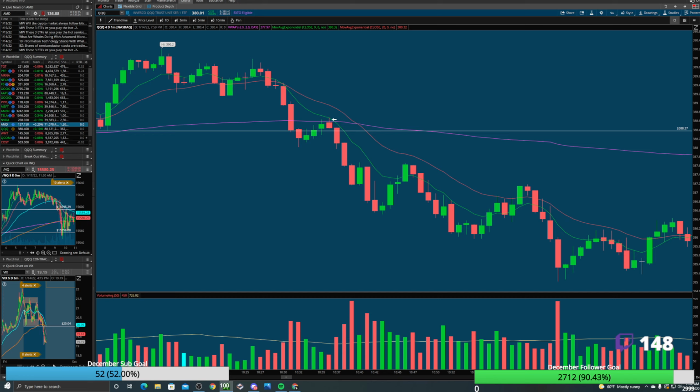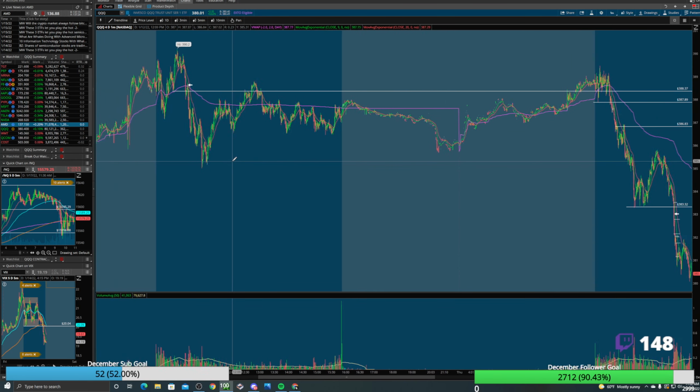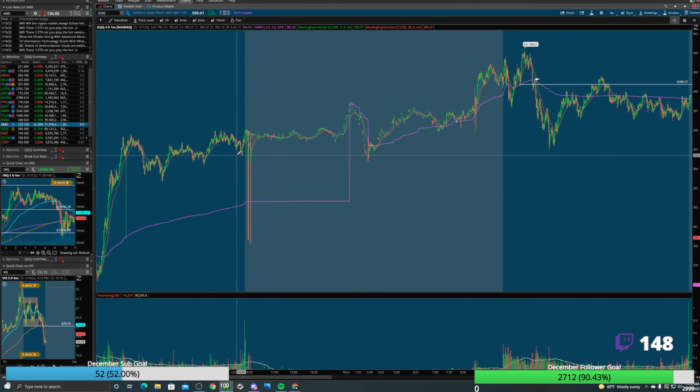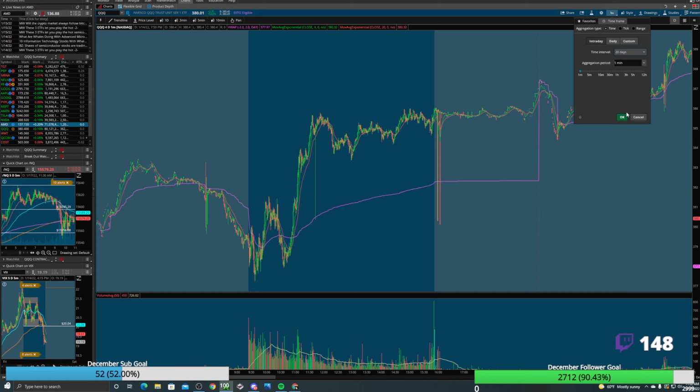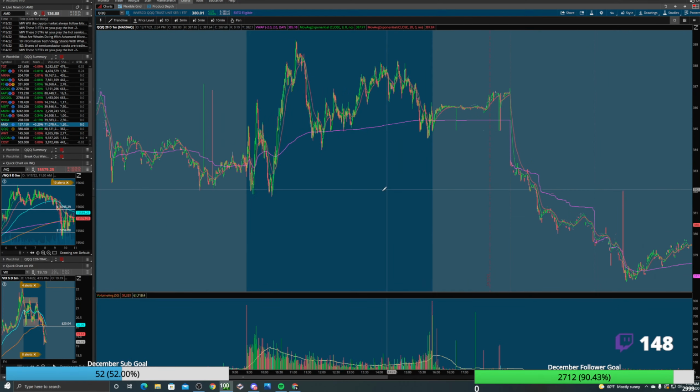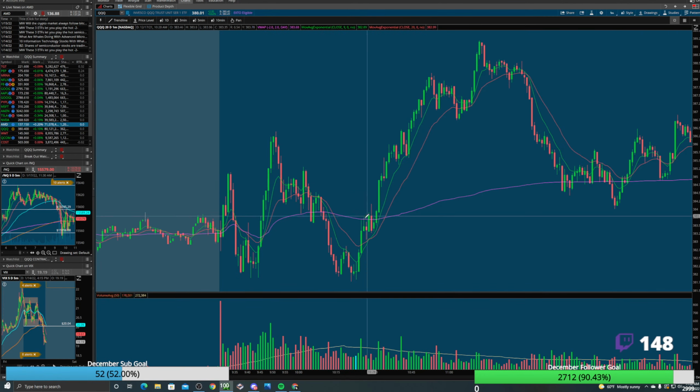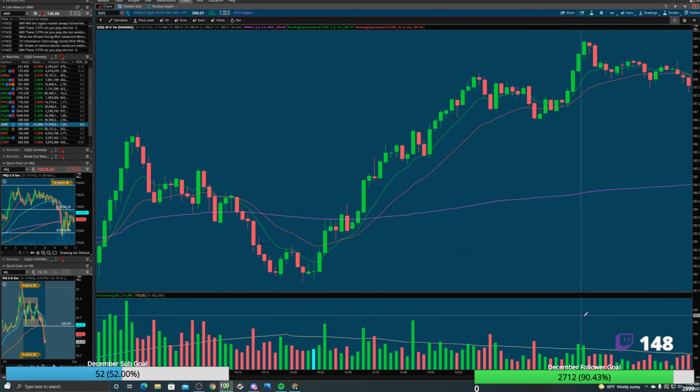Yeah, but no, it works to the upside as well. Breaking base works to the upside. I don't have a clear example here. Like right here, not bad.